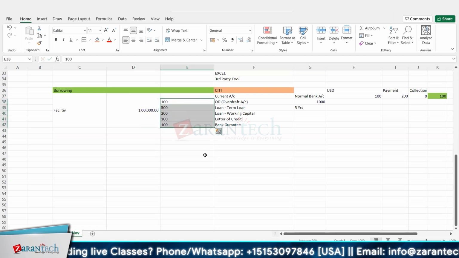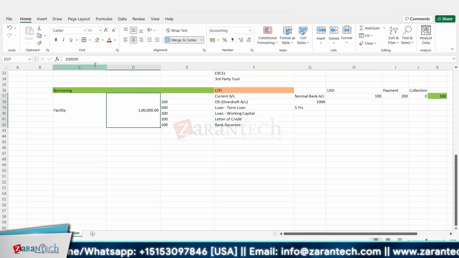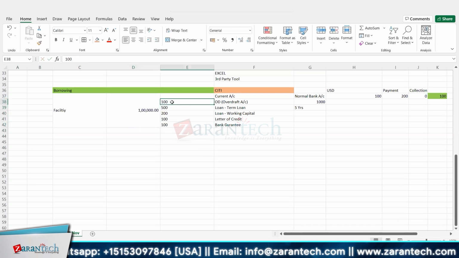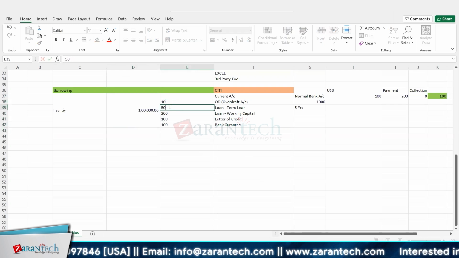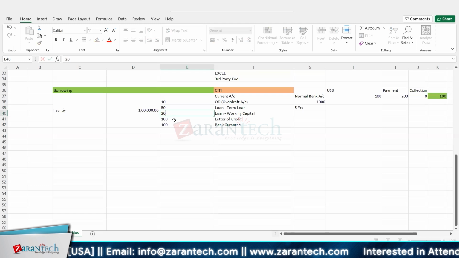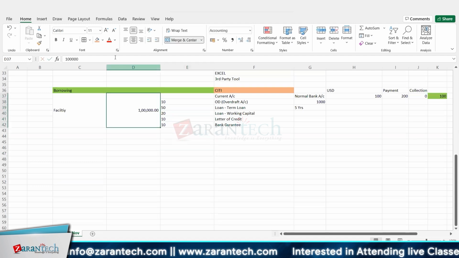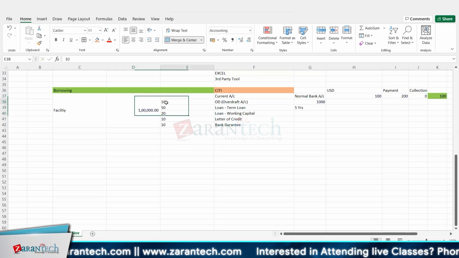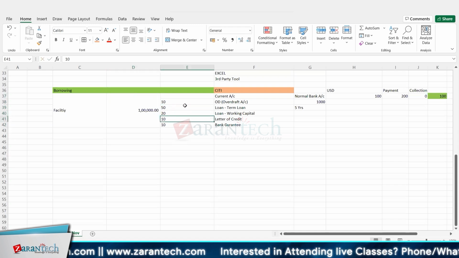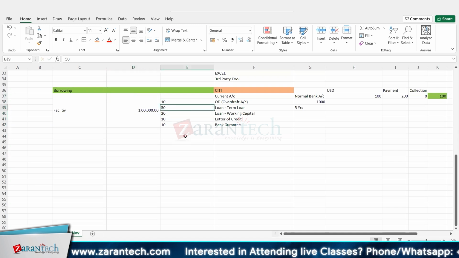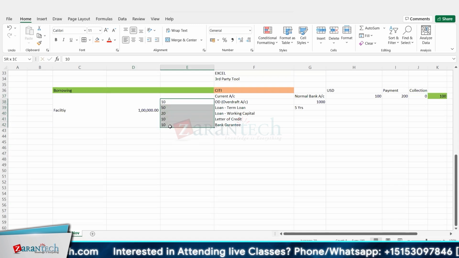So here the bank would say this is the $10,000 for the OD facility, $50,000 for the term loan. Likewise, they can give you different facilities.